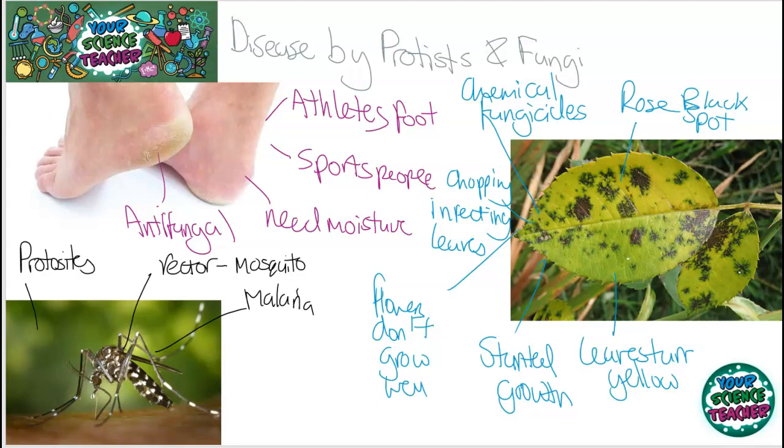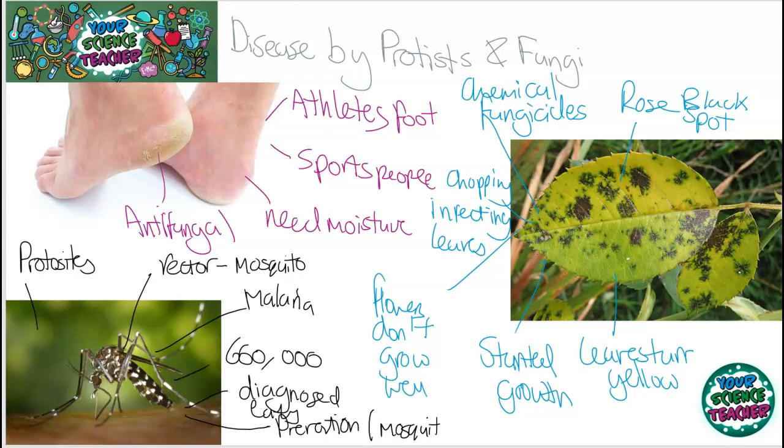Globally, unfortunately, 660,000 people die annually due to malaria, and it can be treated. So there are treatments for malaria. If diagnosed early, you can treat it. And also, the main strategy is prevention with things like mosquito nets, and also having jabs in order to prevent you from catching malaria in the first place.